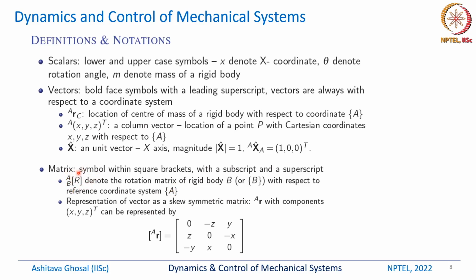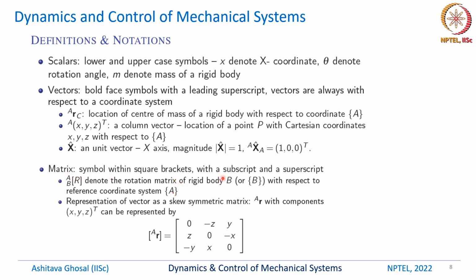A is the reference and B is the rigid body, and we say that this matrix A_B R denotes the rotation of rigid body B with respect to A.